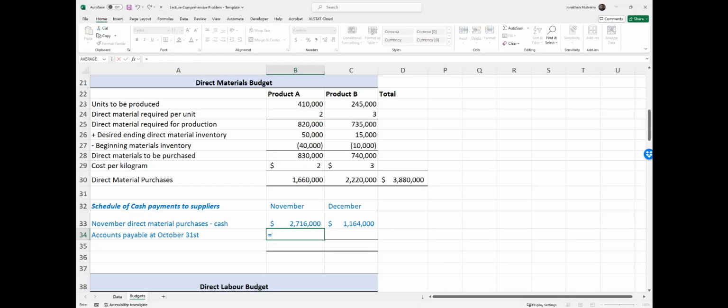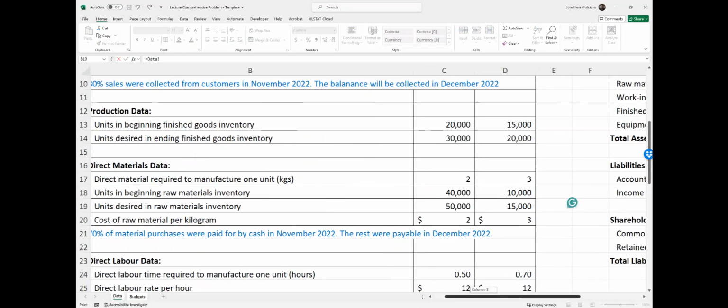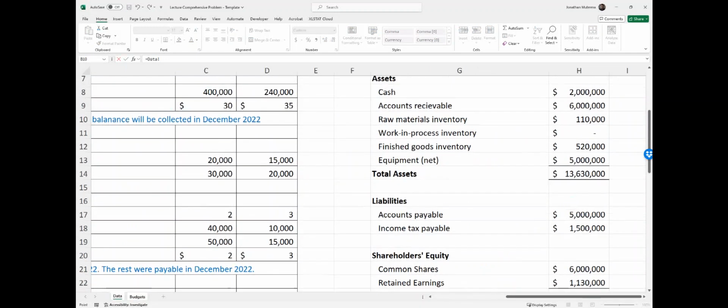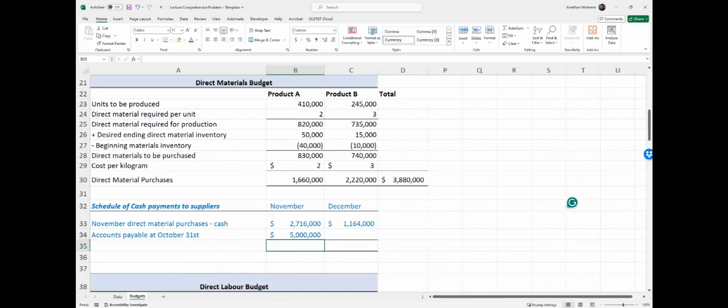We'll go to our October balance sheet, accounts payable. So the total cash payments in November will be these for direct material, and a little over $1 million will be payable in December.